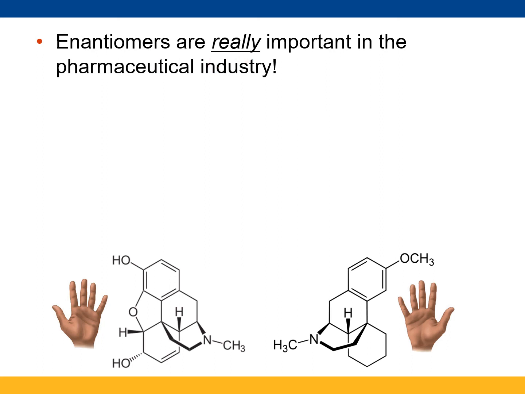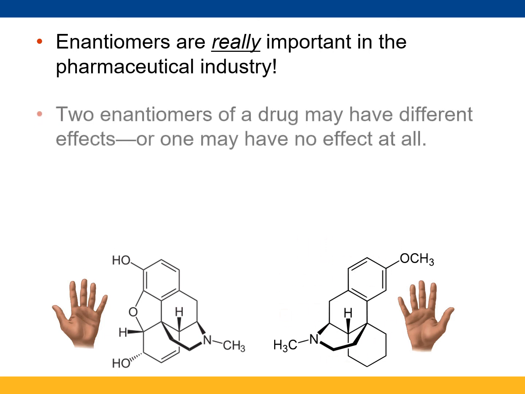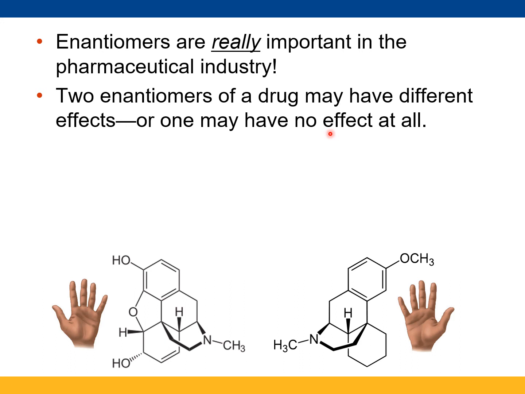This is really, really important in biochemistry. It's really, really important in pharmacology, because if you're generating a molecule in the lab to be used as a drug, if you have an even mixture of these, you might lose potency because you got a lot of this. And how do you get rid of this when it's identical in terms of its chemistry? So they may have very different effects. One may have no effect at all. That's very true.